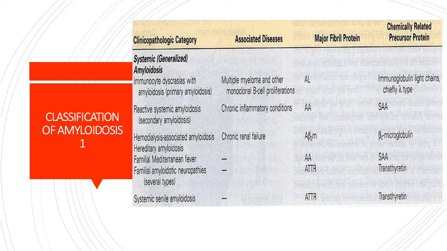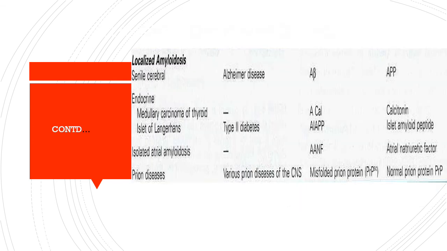Hereditary amyloidosis includes familial Mediterranean fever and familial amyloidotic polyneuropathy. In familial Mediterranean fever, the protein is amyloid associated protein, and in familial amyloidotic polyneuropathy, it is ATTR, transthyretin. Systemic senile amyloidosis is also seen in association with amyloid transthyretin protein.